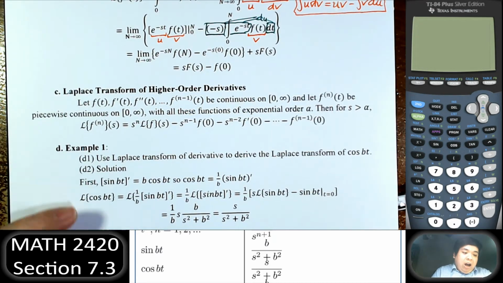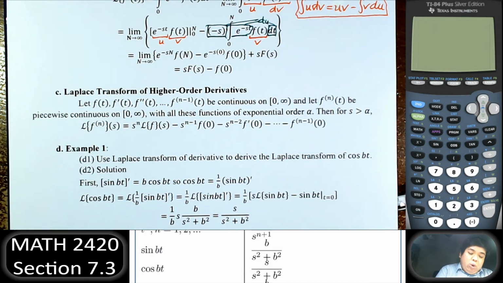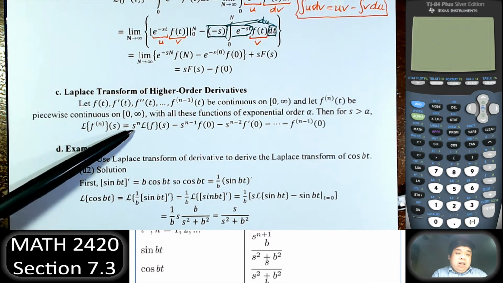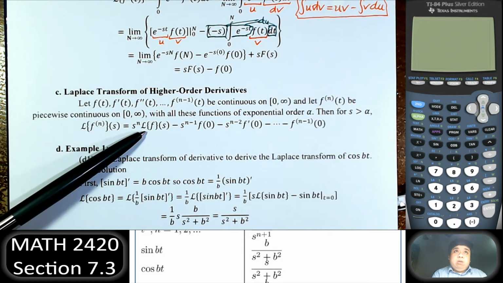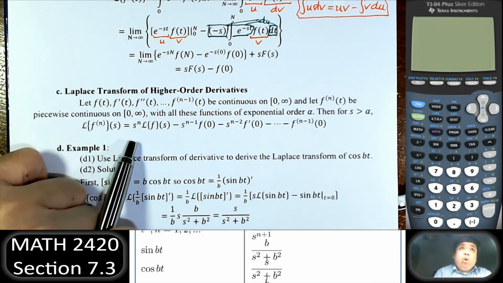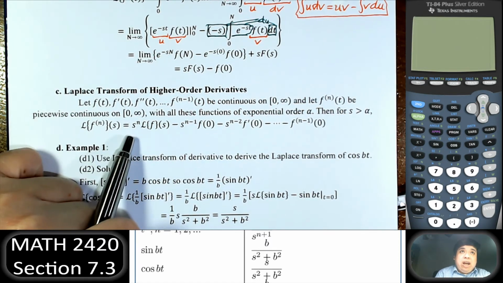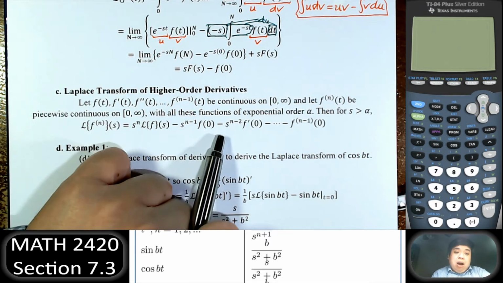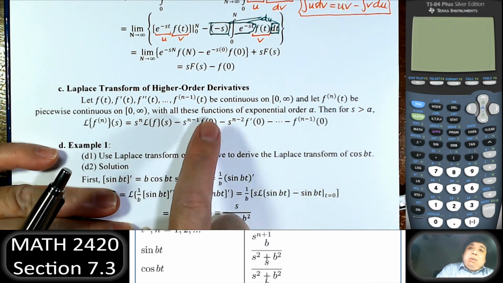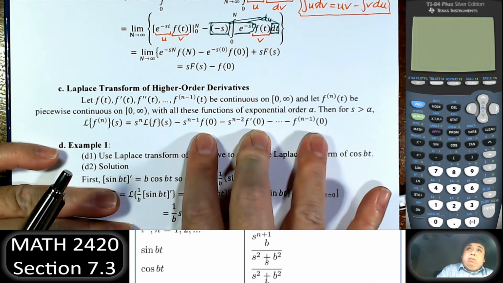So for higher order derivatives, what do we have? If we have a higher order derivative, we start from s to the n and only do the transform of the highest, only one term goes with the highest power of s, which is s to the n, and then decreasing the power. When we're decreasing the power from s to the n, we have f of 0, f prime of 0, and so on.